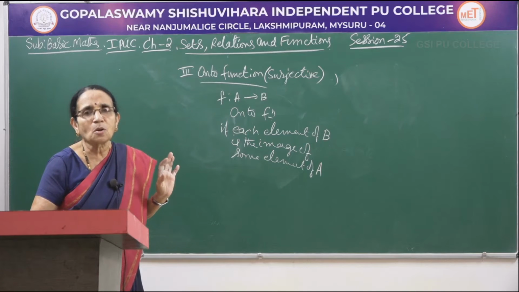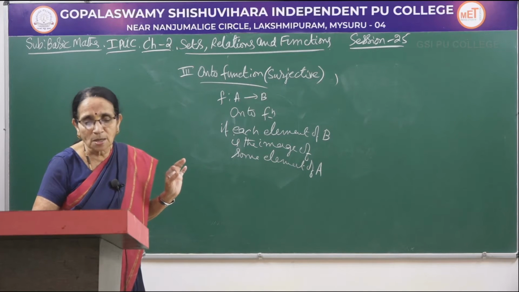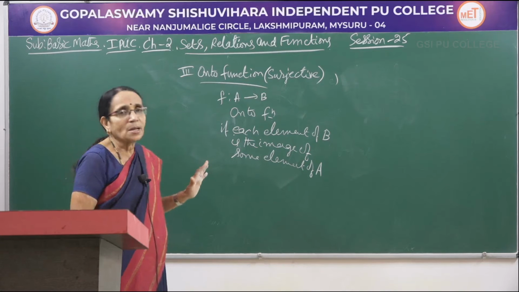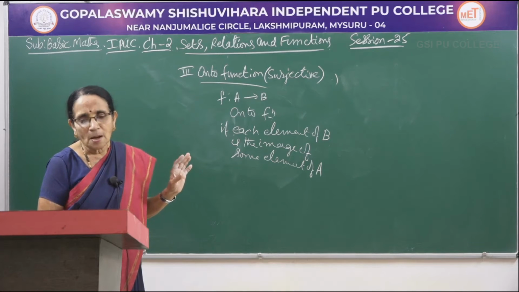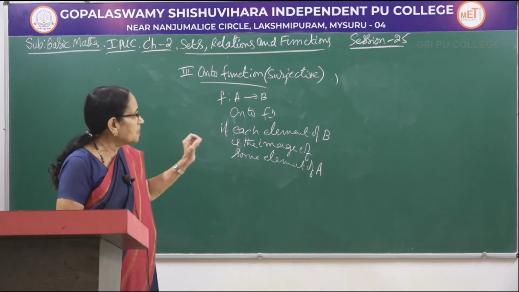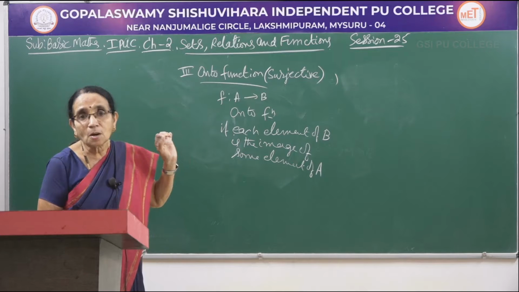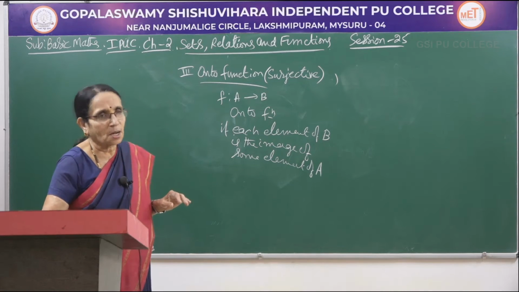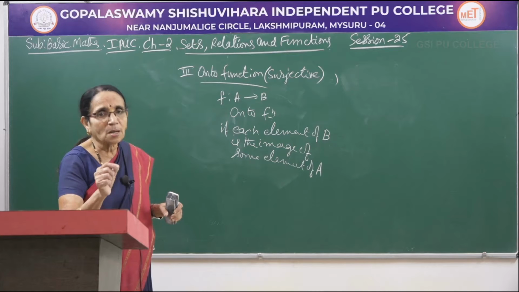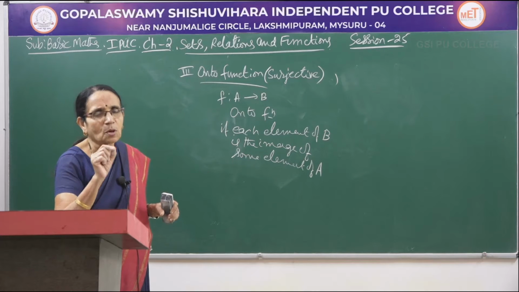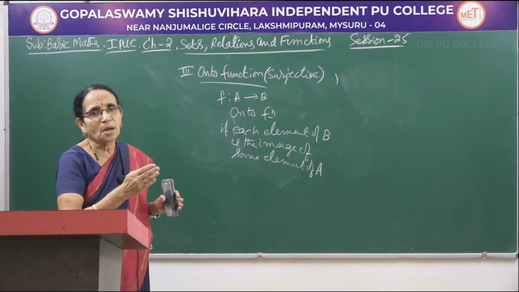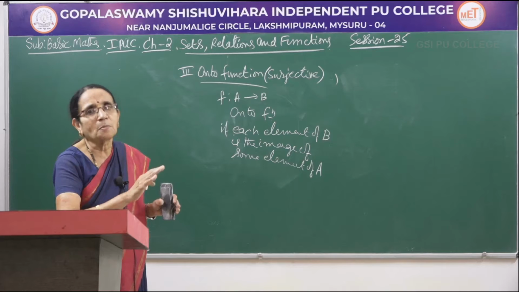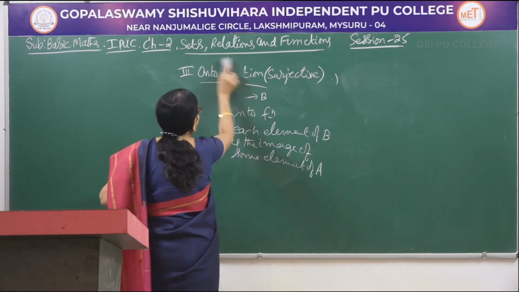So each element belonging to the codomain should be the image of some element of A. That means in the codomain no element would be left out, all the elements would be associated. That means they will have the pre-images in the domain.